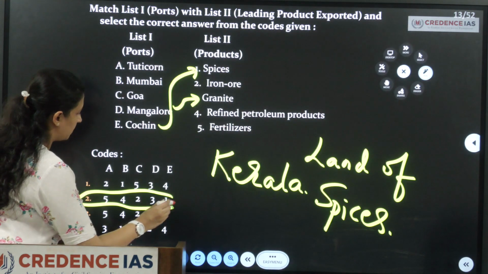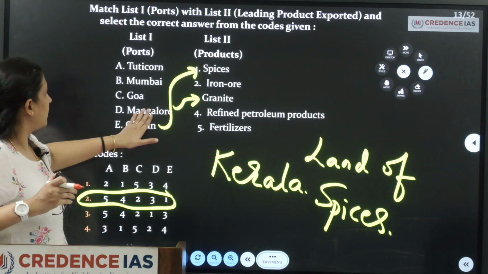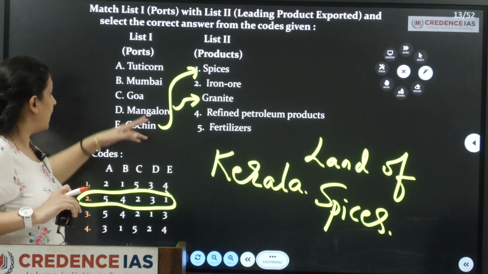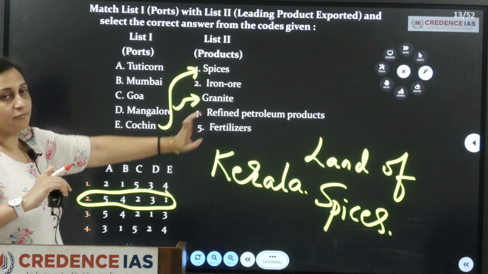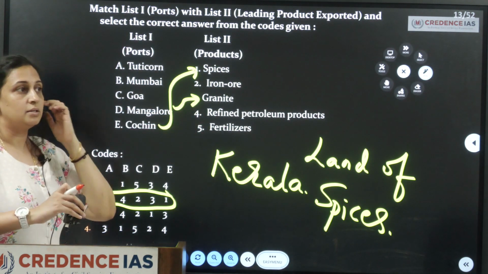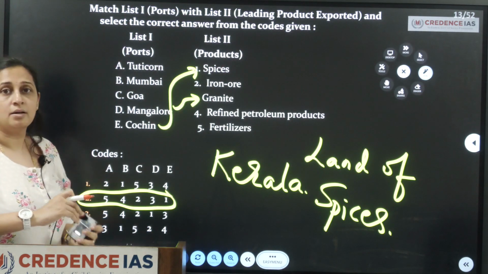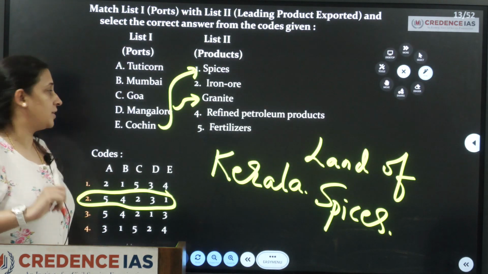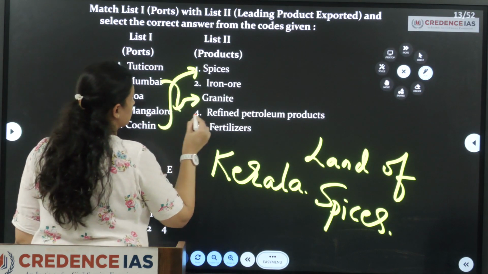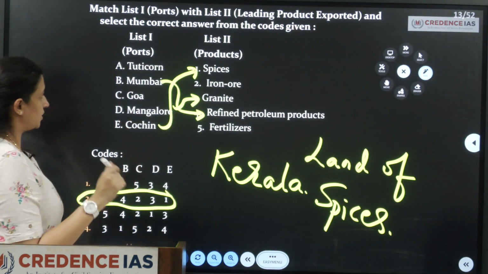E is 1. Now Mangalore is granite and Mumbai is very famous for refined petroleum products, because the Mumbai High or Mumbai Delta is famous for petroleum refineries. Okay, so Mumbai goes for refined petroleum products.